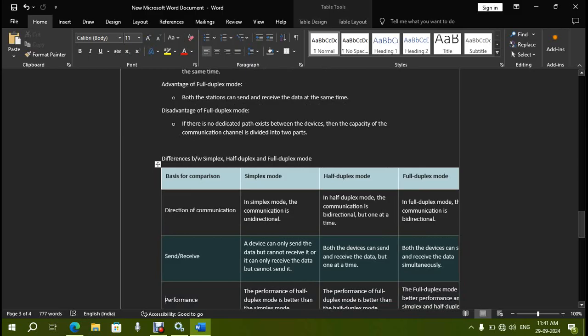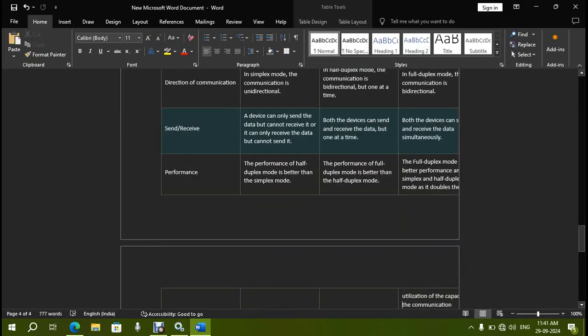For send and receive: in simplex, devices can only send data but cannot receive, or can only receive but cannot send. In half duplex, both devices can send and receive data but at one time. In full duplex, both devices can send and receive data simultaneously.